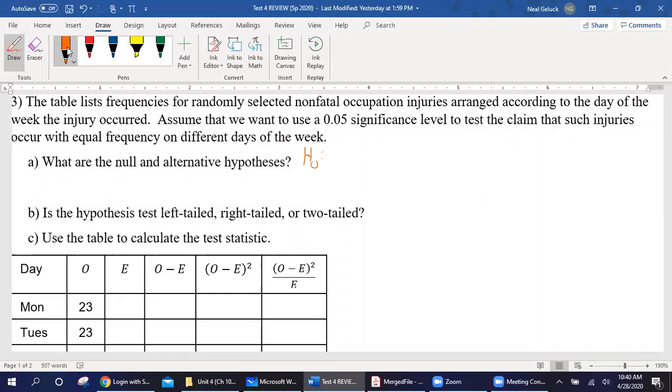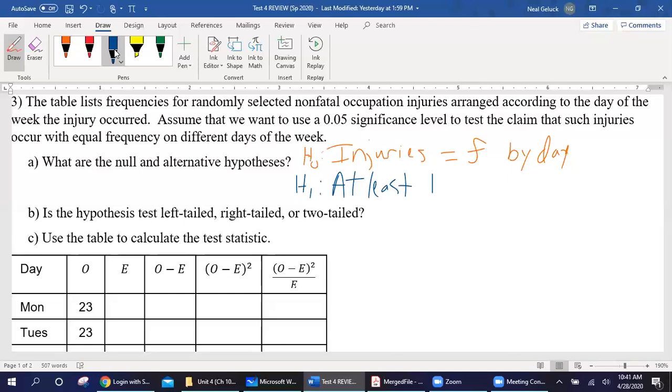So basically, the null would be injuries equal frequency by day, equal F for frequency by day. And the alternative would be not that all are different, but at least one day is different. And again, I have them better written on the PDF of the answer key.